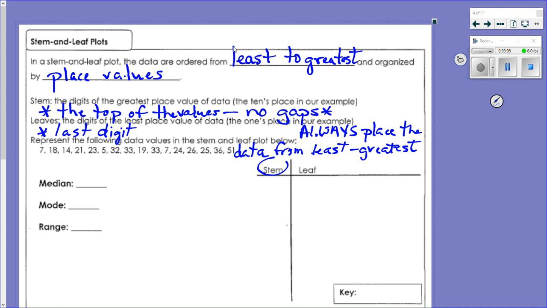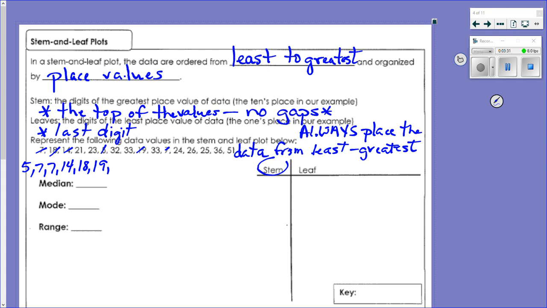So on our first data set, as I go through here, my first number is a 5. My next numbers, I've got two 7s. That's all the single digits. As we go into the teens, I see a 14, an 18, a 19.